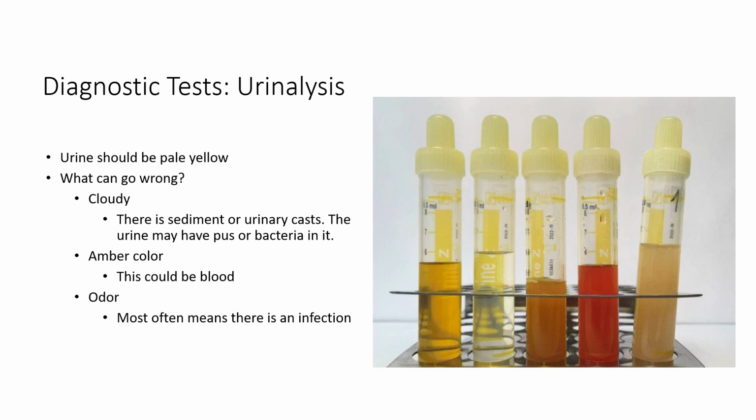So that one looks like there's a lot of pus or something an infection is going on there. If it's cloudy, it could indicate that there's white blood cells or bacteria, pus, something that's keeping it cloudy. If it's a dark color, it could indicate that there's an excessive bilirubin, or that could be blood. If it has an unpleasant odor, that certainly could indicate some type of infectious process going on.